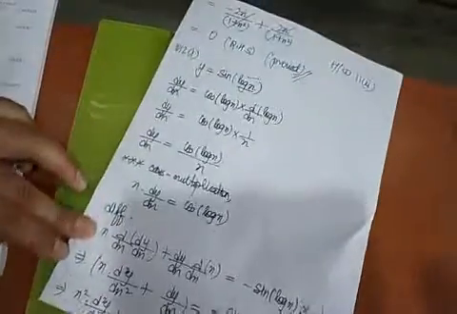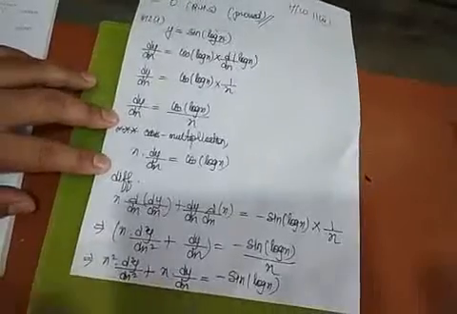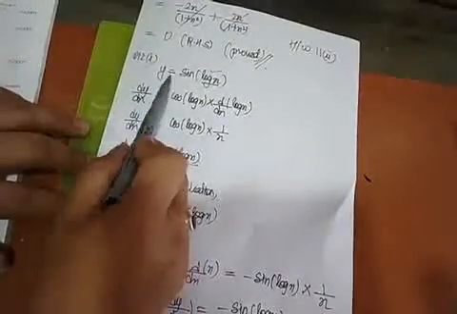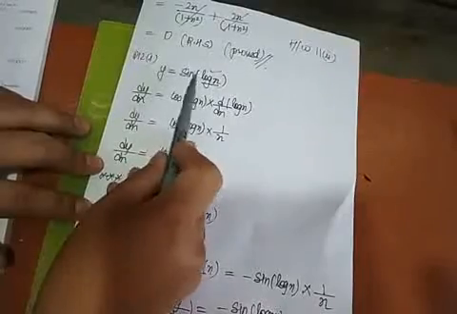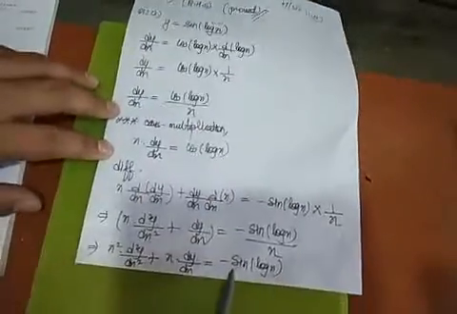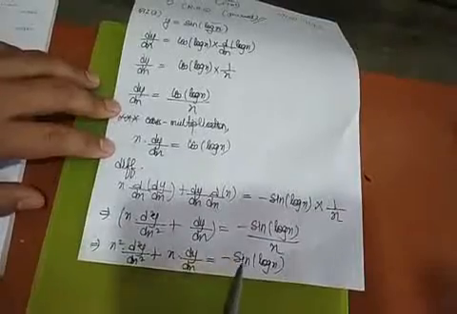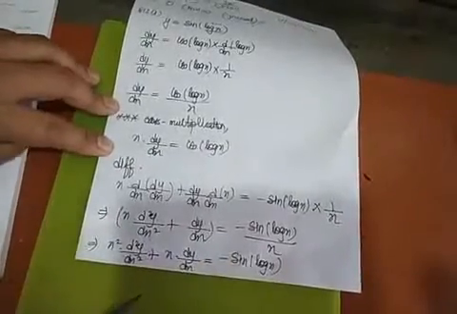Okay, and don't forget the value for sine log x is nothing but y. Y is equals to sine log x. Here also I am getting minus sine log x, so which means it is minus y. Bring it to the left hand side, it will be plus y. That is going to be your proof.